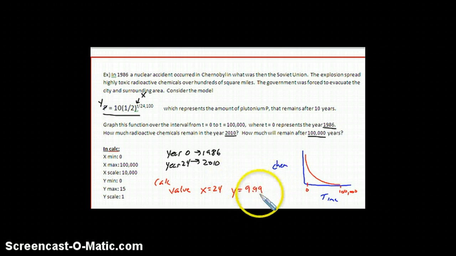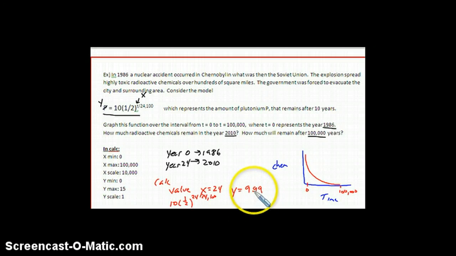Or I could type out in my calculator, not in the graphing window, I could do 10 times 1/2 raised to the 24 divided by 24100, and I get 9.9. But since we used our graphing calculator already, let's use our calculator.